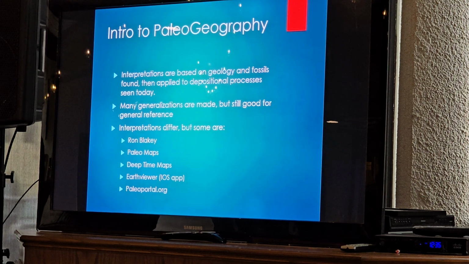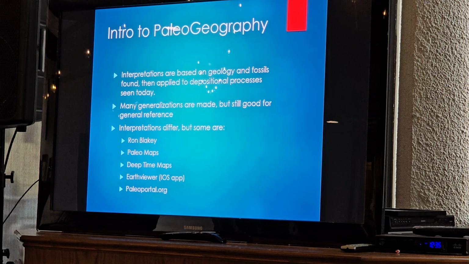So paleogeography, that's the study where they try and take basically how they've mapped it back to where it was regionally. They've looked at the different environments, how deep it might have been underwater, what kind of fossils they find, and they use that to try and map what the world used to look like. There's a lot of interpretations, a lot of places you can look at them. Ron Blakey, I'm going to show you in a minute, just because I have a nice sequence of that.